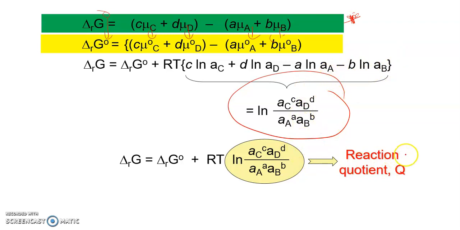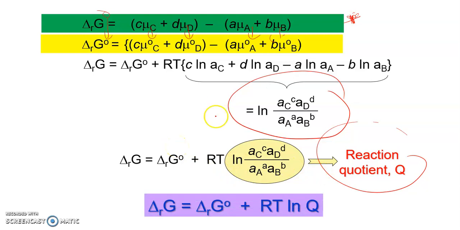So here we can say that this is the reaction quotient, so we replace it with Q, and then our final equation will be delta Rg equal to delta Rg naught plus RT ln Q. So this is how we obtain this equation from our chemical equation.